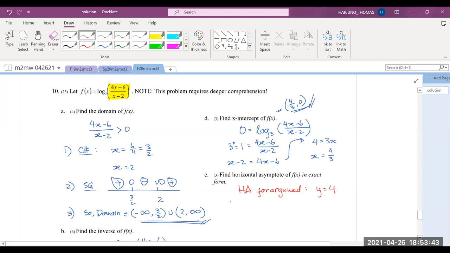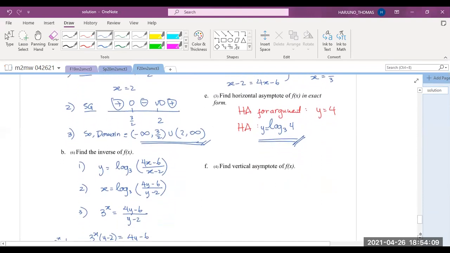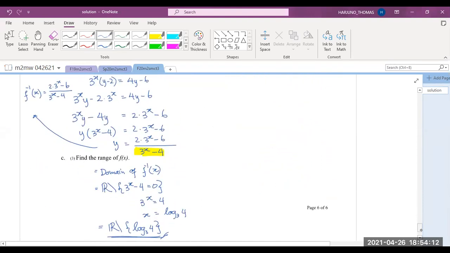Now, if you apply the log, then the horizontal asymptote for f(x) will be y equals log base 3 of 4. And it has something to do with the fact that the argument cannot be 4, such that the range cannot be log base 3 of 4 here.